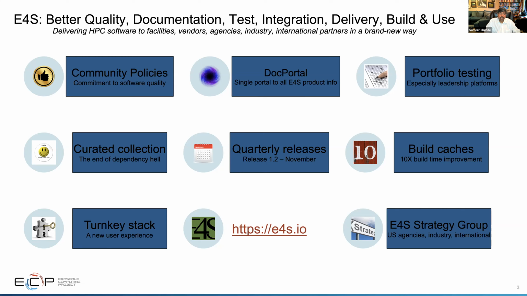It's a turnkey stack which aims to provide a new user experience. You can download our software from the e4s.io webpage. We are also looking to expand our strategy group to include other US agencies besides the US Department of Energy, industry, and international teams as well.